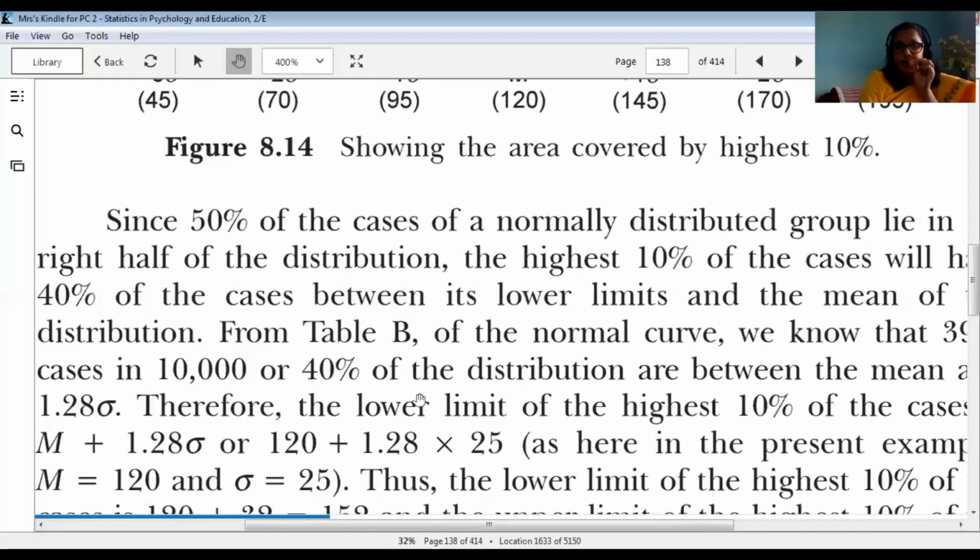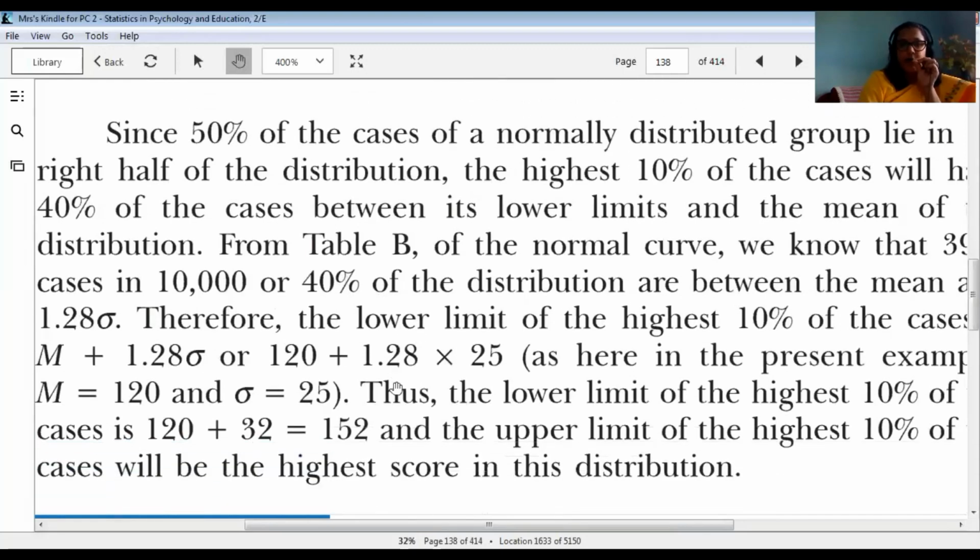Now we need to take the sigma value from the normal curve table for 40% of the cases, or 4,000 out of 10,000 cases. Understood? Then the sigma value we got is 1.28 sigma from the normal curve table for 40% or 4,000 cases.